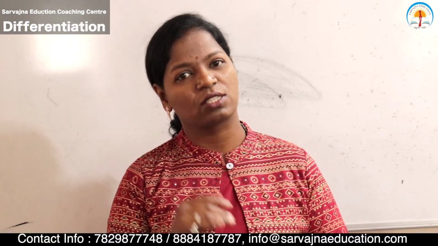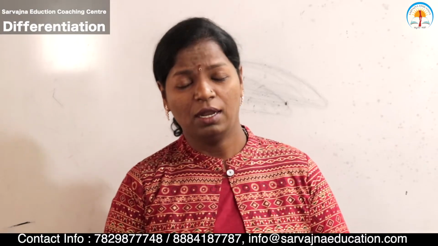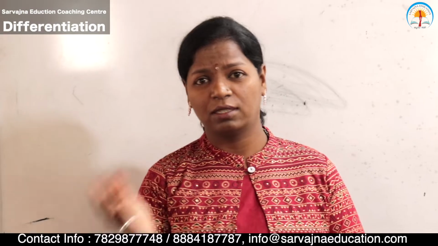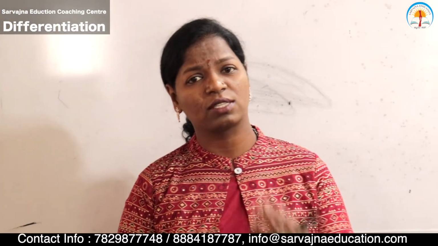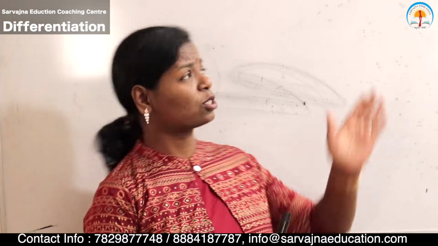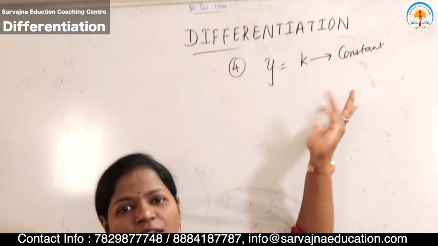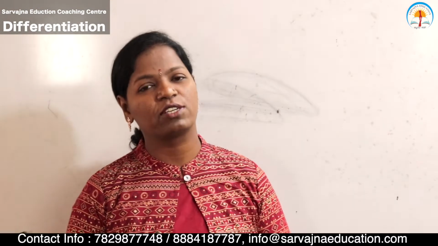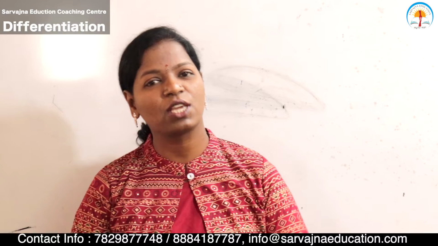We have to consider that even t is constant here, and other variables are actually constant only. If it is a constant, what is the differentiation of the constant? Normally we always differentiate with respect to x only, but here there is no x, correct? If there is no x, will you differentiate? So that time it will be 0.